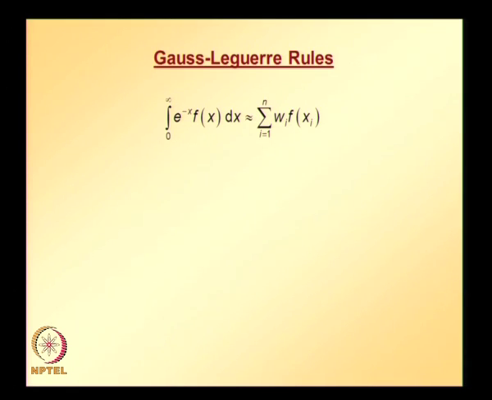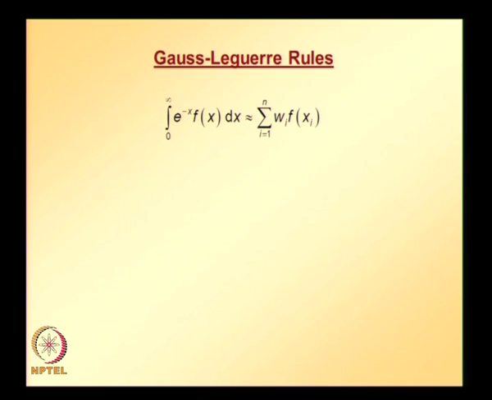Okay, before going further let us look at what is this Gauss-Laguerre rule, and this helps us to numerically evaluate the kind of integral that is shown in the equation, that is integral 0 to infinity e power minus x f(x) dx.